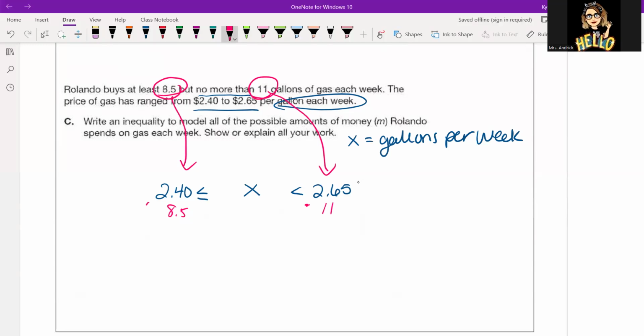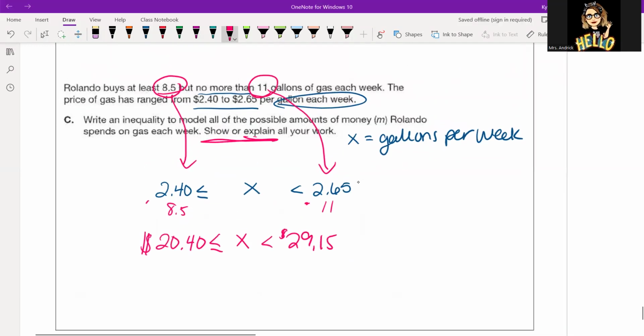That means we spend at least $20.40, but less than $29.15. Okay, that is our money. And if you want to explain that, you can, but it says show or explain, so we're not going to. All right, so that's those two.